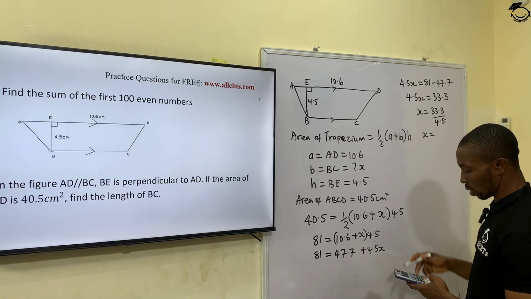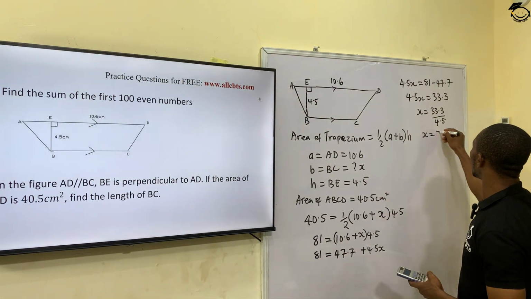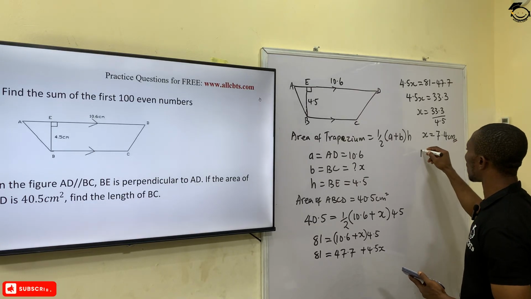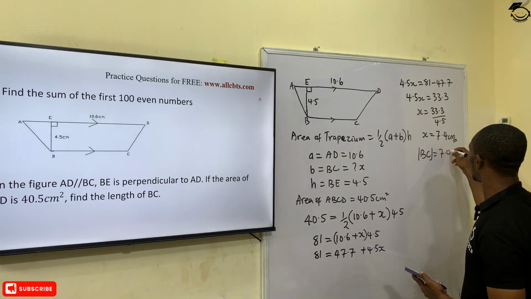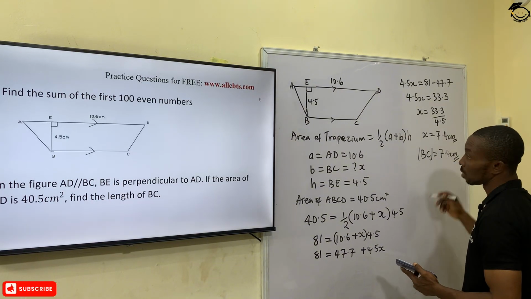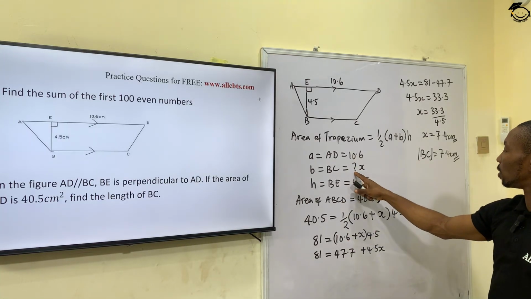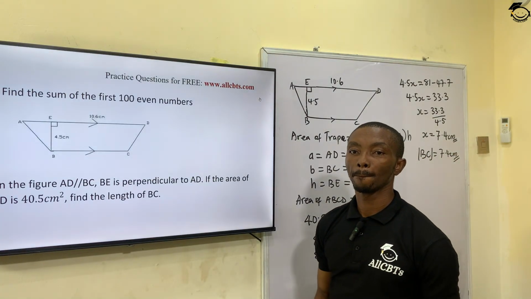So x equals 7.4 centimeters. That means our length BC will be 7.4 centimeters. So with this, we found the length of our BC, which is 7.4 centimeters.